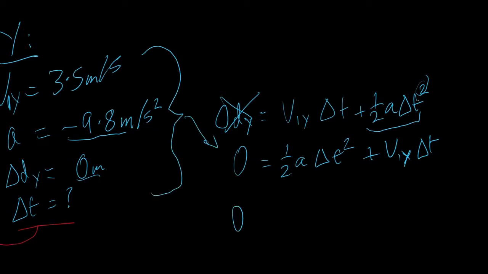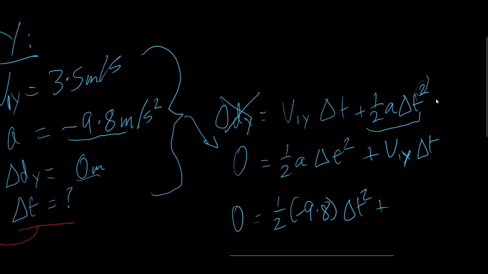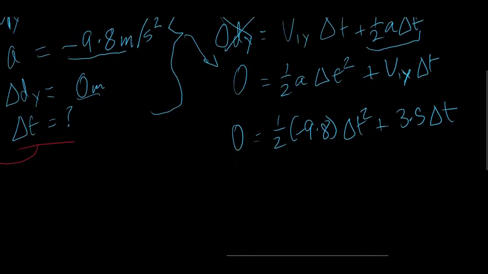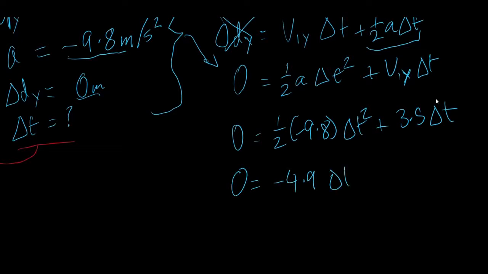Now let's plug in these values into here. So we have 0 equals 1 over 2 negative 9.8, that's gravity, delta t squared, plus 3.5 delta t. This we can simplify to 0 equals negative 4.9 delta t squared plus 3.5 delta t.